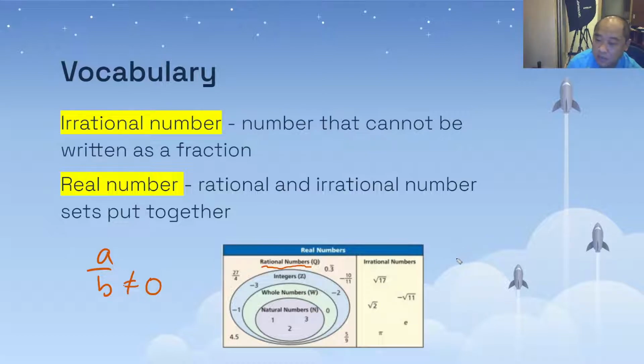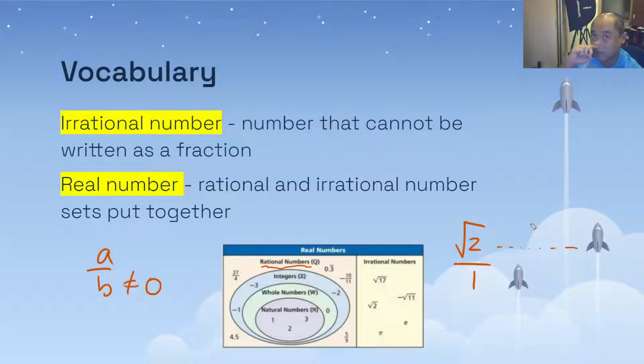So, for example, the square root of 2, you cannot write that as a ratio of two integers. So you could write this as square root of 2 over 1, but if you were to try to write the square root of 2 as a decimal, this number would go on and on and on, and it would never repeat.